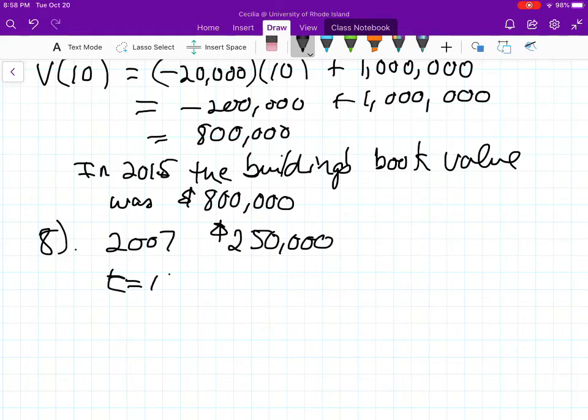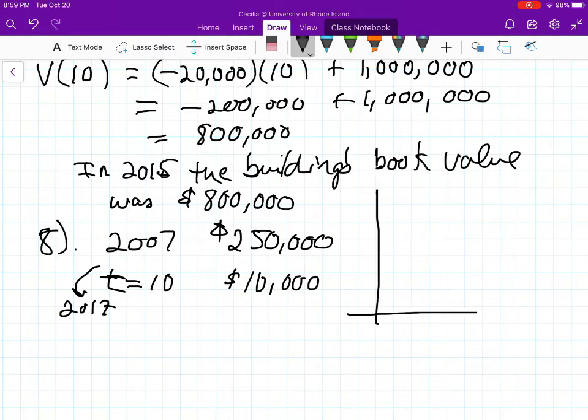So we're going to go ahead and write this down. So we have 10 for the length of time over which we're going to depreciate the value. And we also know the scrap value, and that is $10,000. So altogether, our goal here with these problems is to find 2 points and then determine the function of the line connecting those 2 points. So remember, if t equals 10, we're meaning 10 years after 2007, which would be 2017.